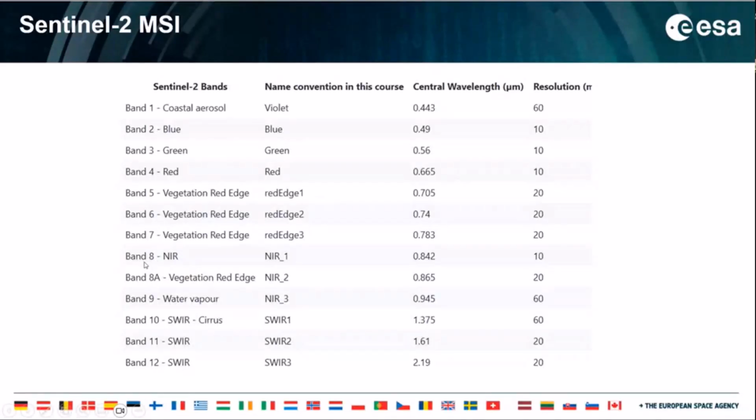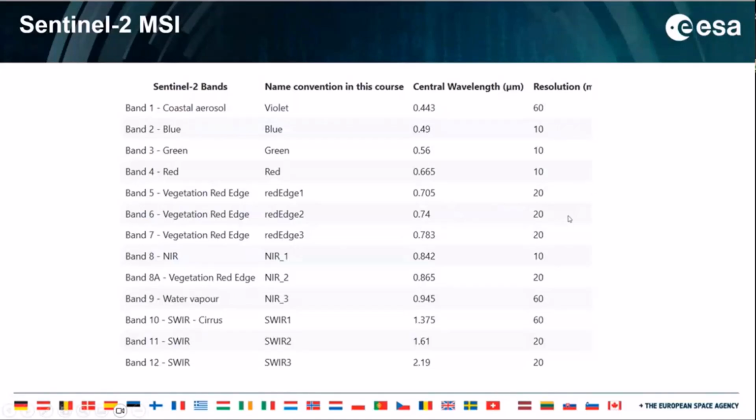You have band 8 and band 8A. These bands have a center wavelength. If you look at the blue, for instance, it is around 490 nanometers. They are expressed here in microns, so it's 0.49 micron.